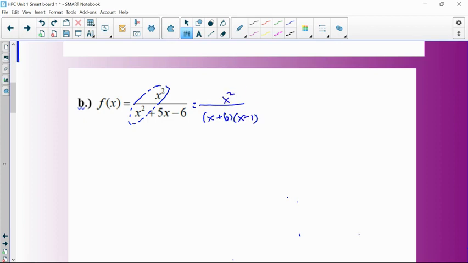So I also know there's two vertical asymptotes. These don't cancel. So I have a vertical asymptote at x equals negative 6 and a vertical asymptote at positive 1. So my horizontal asymptote is y equals 1. My vertical asymptotes are x equals negative 6 and x equals positive 1.